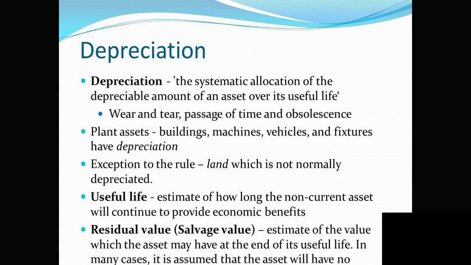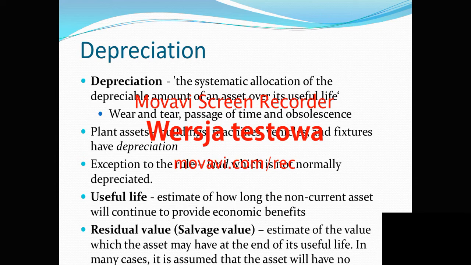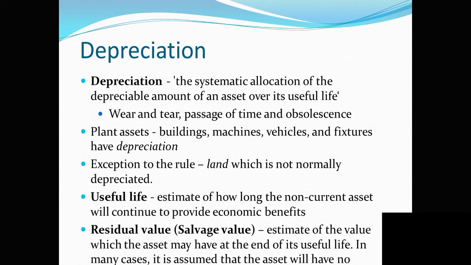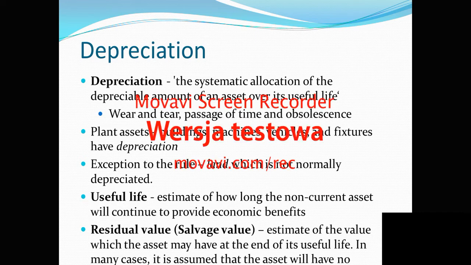For how long the non-current asset will be used is called useful life, and the value at the end of that useful life is called residual value, or salvage value, and yeah, it's an estimate. You cannot be sure how much the residual value of a non-current asset will be. You just make your estimate.